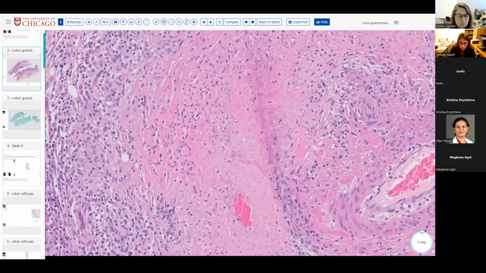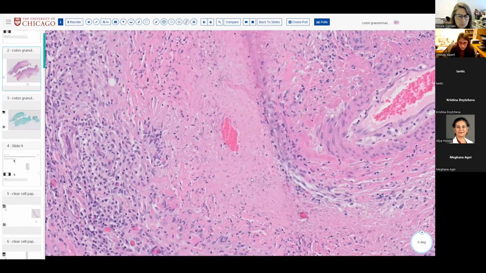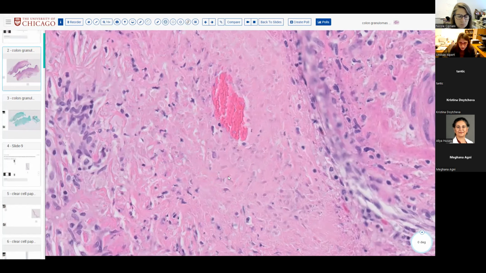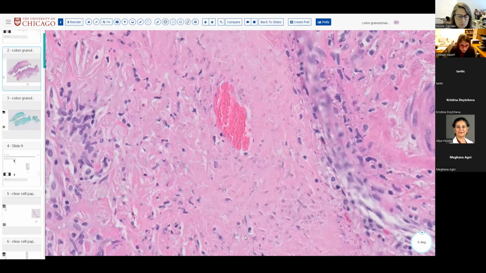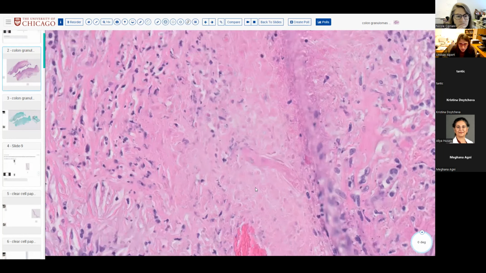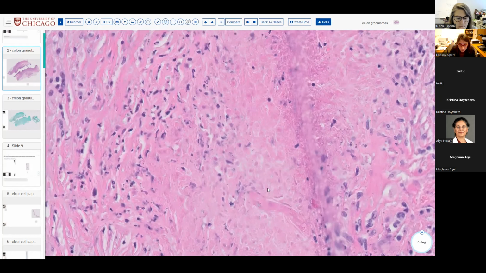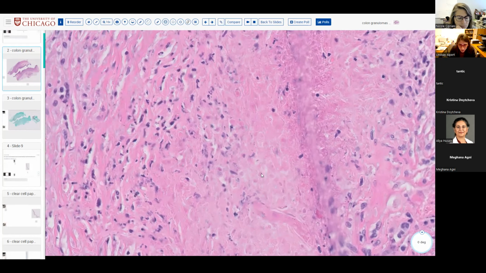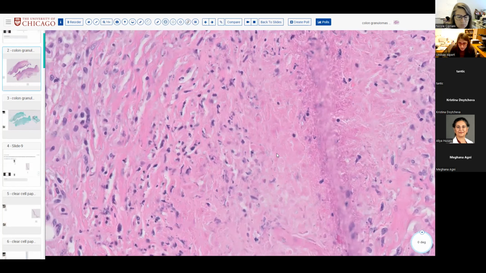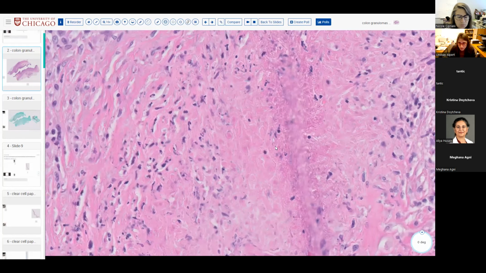And if you go to high power in some of these areas of necrosis, a little hard to see for me here, but you get the sense that maybe there are these kind of cleared out little rounded structures in these necrotic areas.